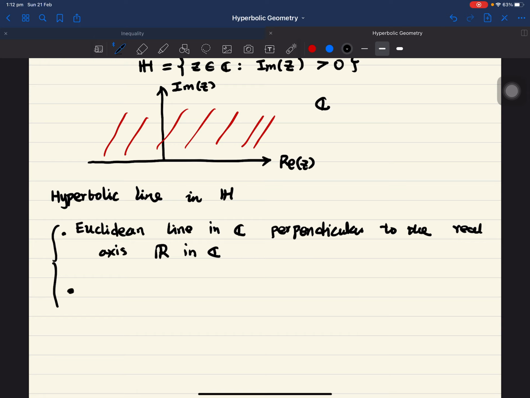And also, the other way is the Euclidean circle with center on the real axis.